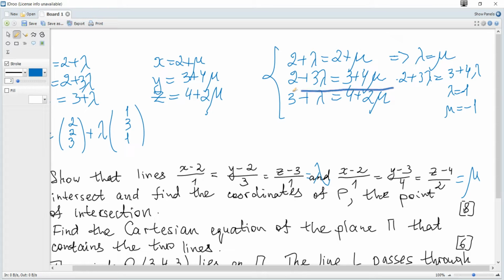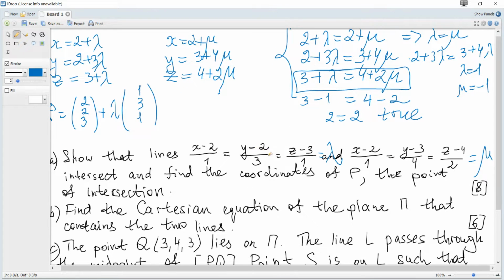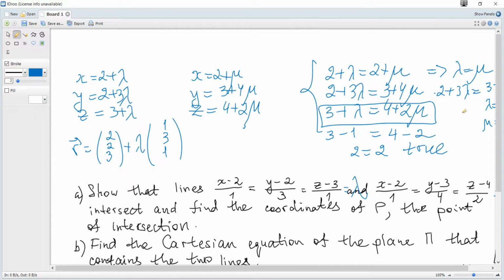Hence we need to check the third equation. It becomes 3 plus -1, and the right hand side 4 minus 2. 2 is equal to 2. It's true, hence there is a point of intersection, and we just substitute lambda or mu into the equation of any line.